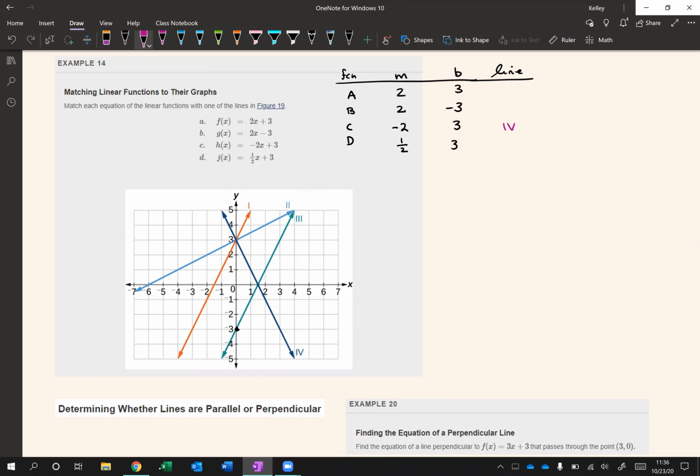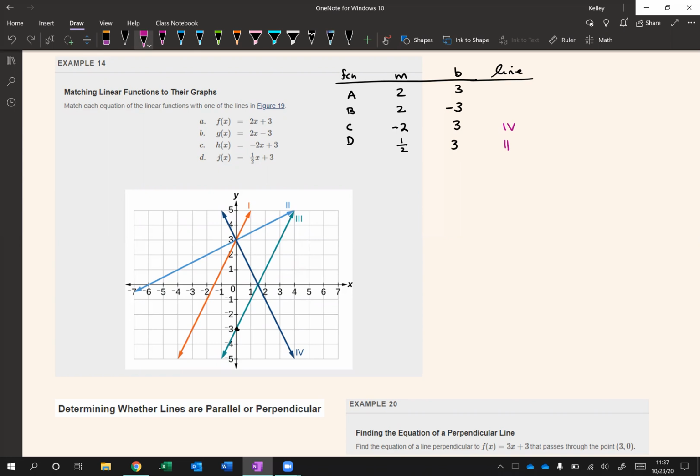The higher the number, the steeper the slope. So D has a shallow slope relative to A and B, but it's still positive. Looking at the 3 positive lines, line number 2 has a much shallower slope. So that tells me that function D goes with line 2.